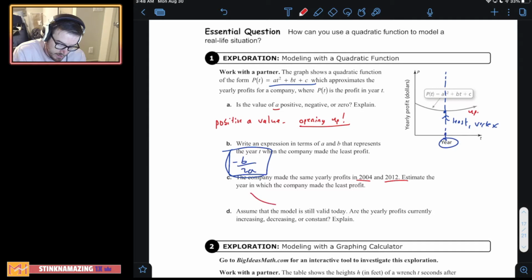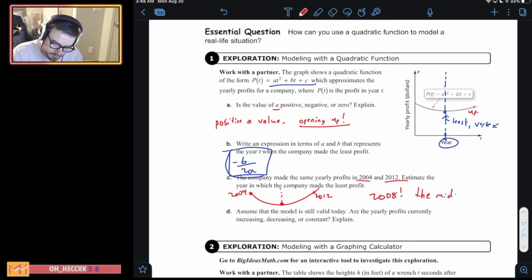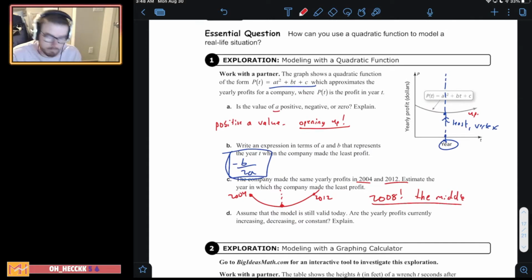They're saying the profit was the same in 2004 as it was in 2012. So that means the vertex in the middle, where it's symmetrical, had to occur between 2004 and 2012, which is 2008. The middle. Beautiful.